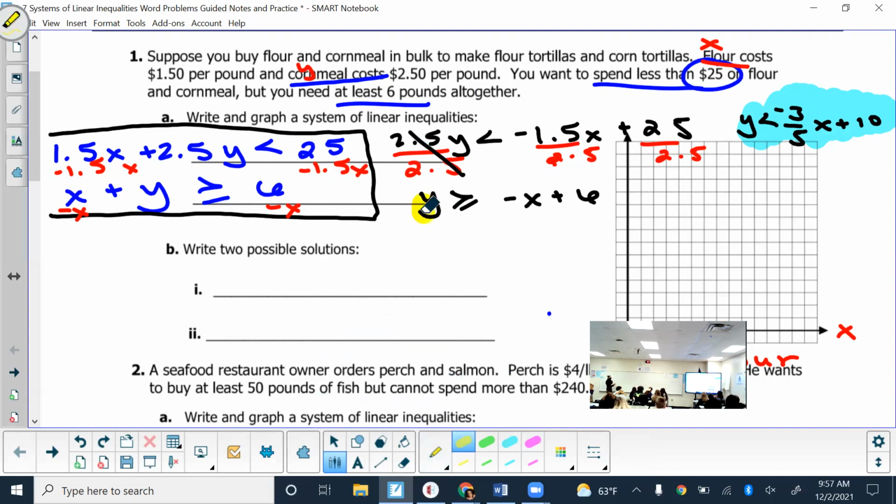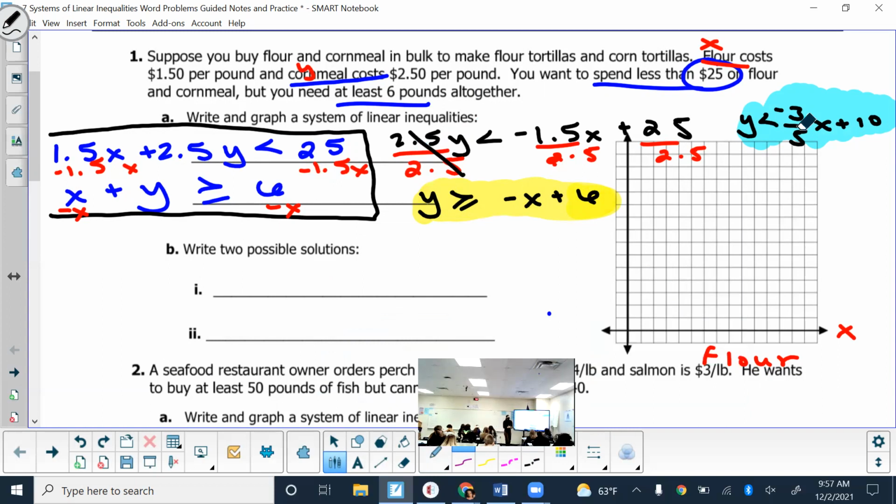All right, so any questions on the rearrangement? All right, so now we're going to graph it. And I'll start with the top one. So my y-intercept for that one is 10. So put a dot where the 10 would go.